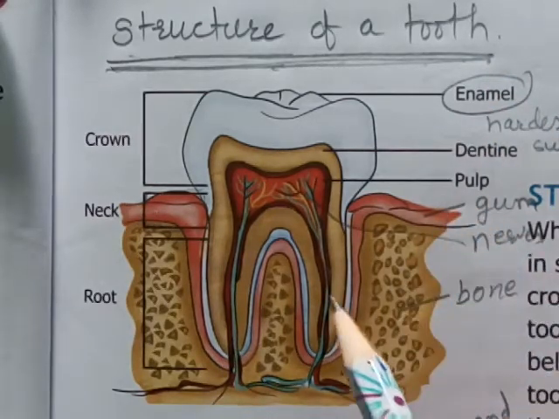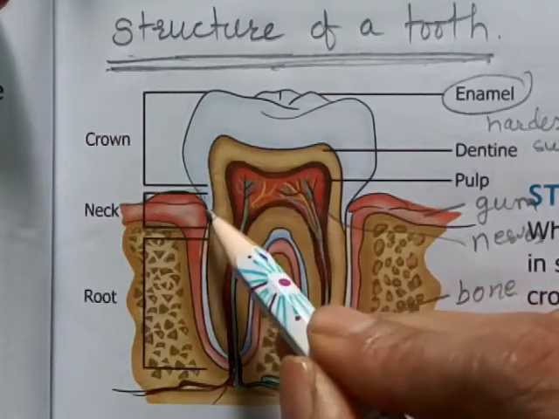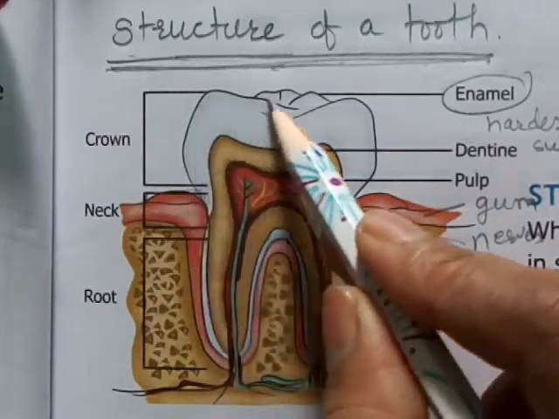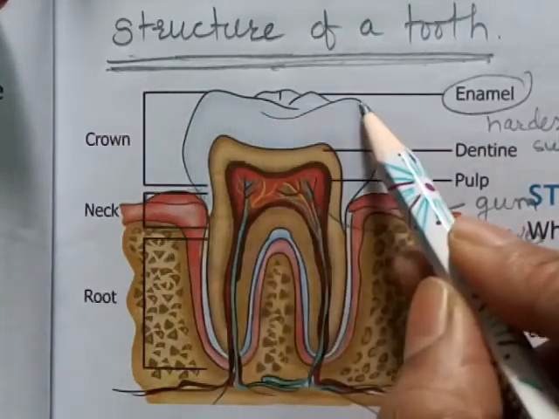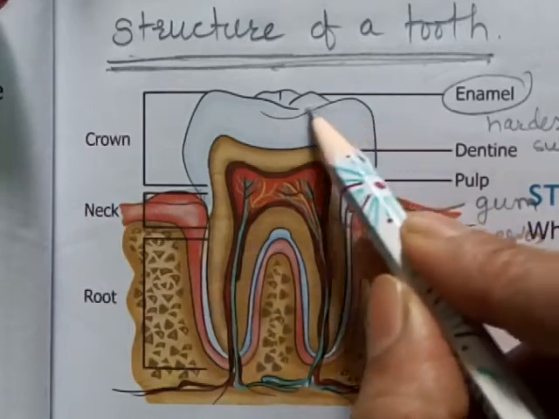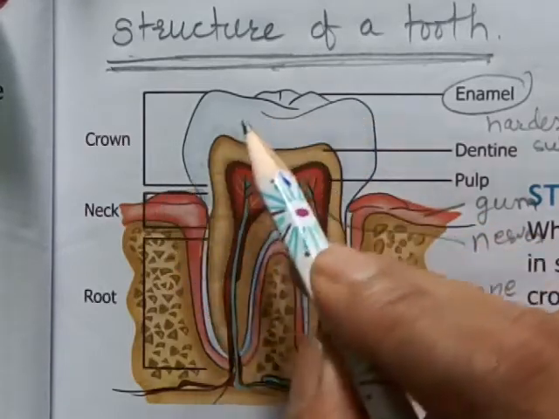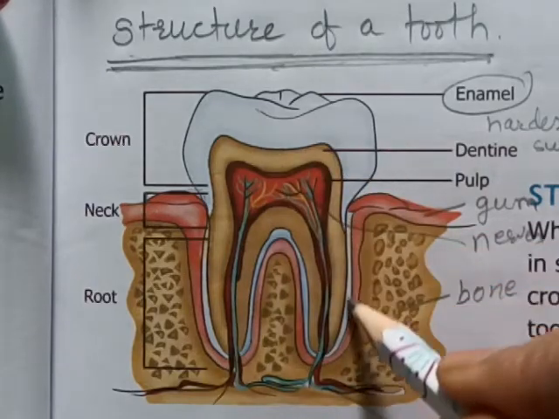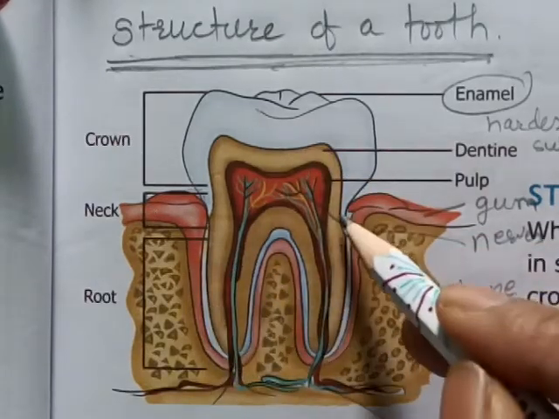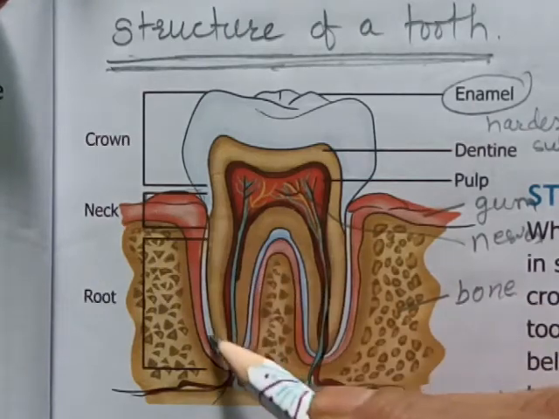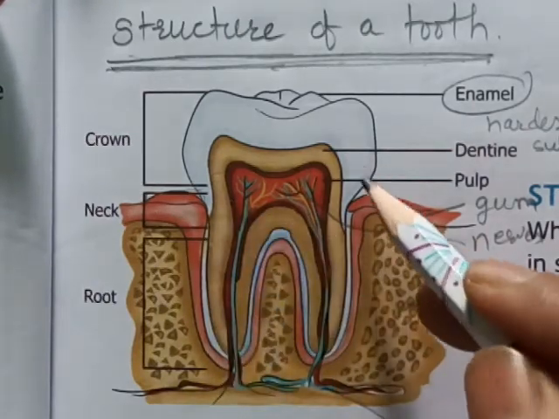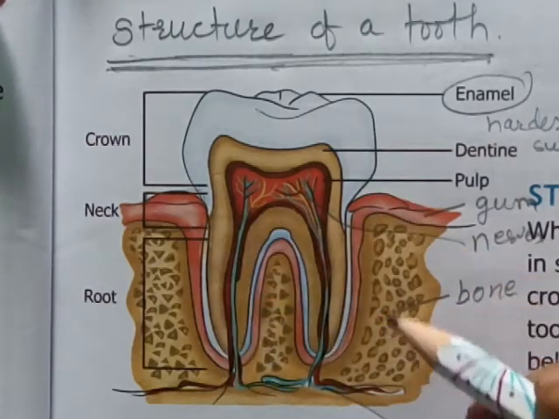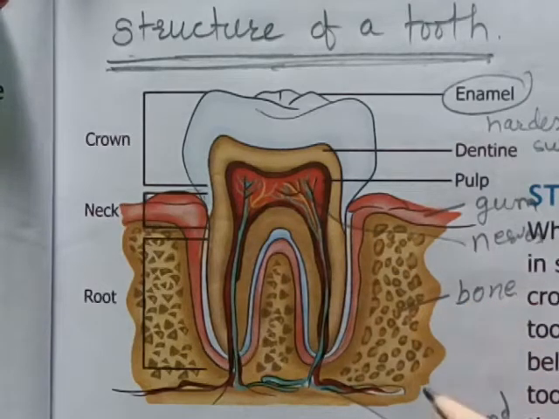See, the part of the tooth that we see in our mouth is the white part, and half of the tooth is inside the gums. Okay, we can see only half of the tooth, we cannot see the whole tooth in our mouth.